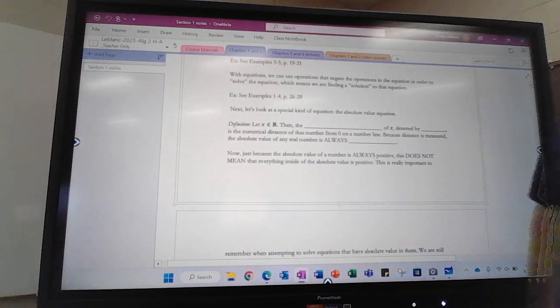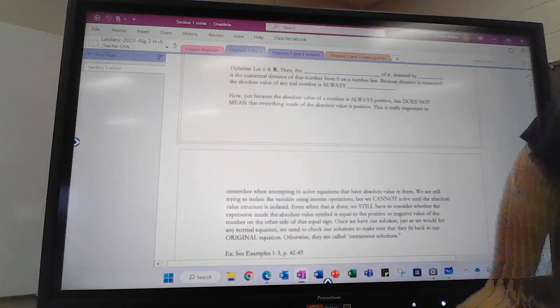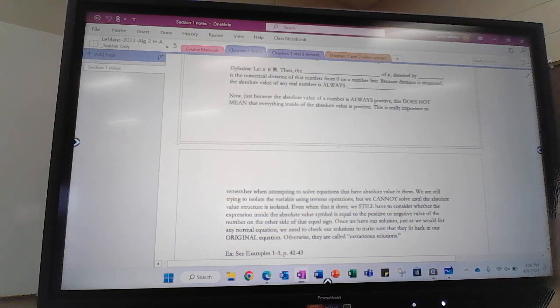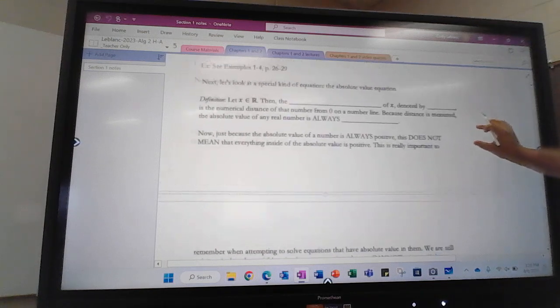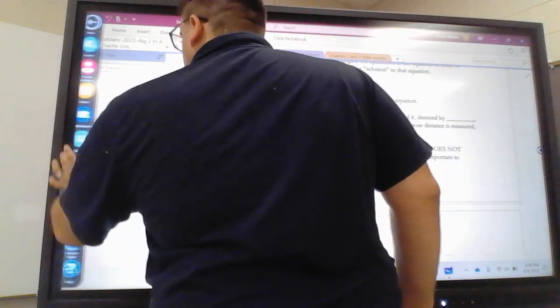The only other thing that I want us to look at is what's called absolute value. Now, absolute value works a little bit different from a regular equation. But first I want to define what an absolute value is.